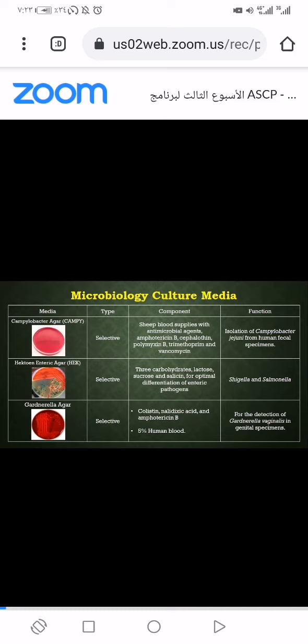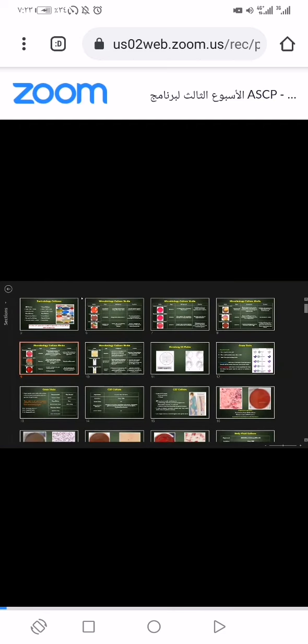This one is green and the other one is black. So maybe the green one or the black one is Salmonella or Shigella. Now we can take one colony and put it on a MacConkey or blood plate as a purity plate. So the next day we can do the identification, the serotyping and the sensitivity.